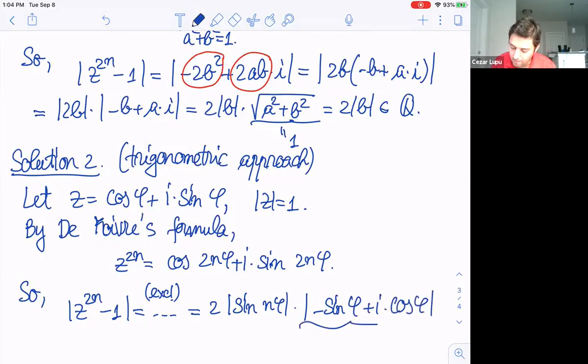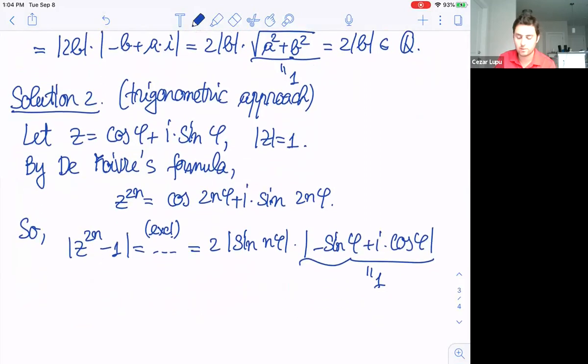But this guy here will be 1, because the absolute value of this guy is 1 as well. Anyway, so this guy will be nothing else than just 2 times the absolute value of sine of n phi.